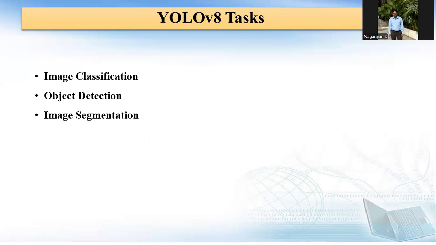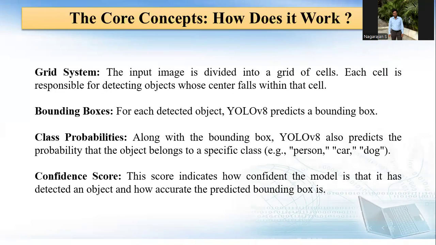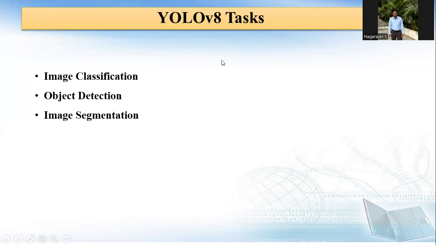And YOLO V8 has tasks like image classification, object detection, and segmentation. In image classification, it can classify everything in the image without localizing everything. In object detection, once you have your image, it can easily predict what objects are there. Let's see an example.